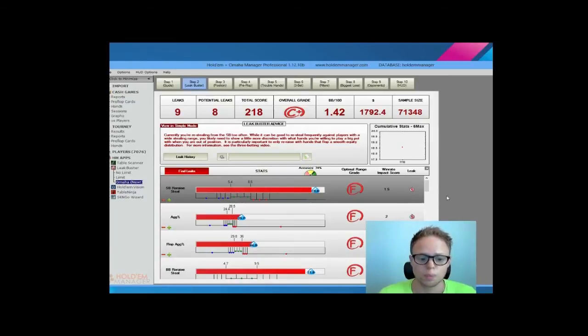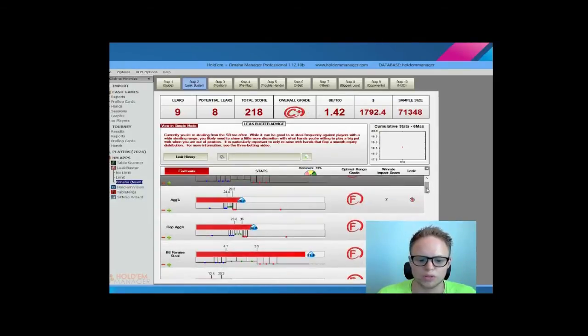And also, when the database was made for Leak Buster, the games were probably very different than what they are today. So don't worry about the overall grade. You can see that I have a C+ here. But it's good to get an understanding of where the breaking points are, like when you're leaving the norm.